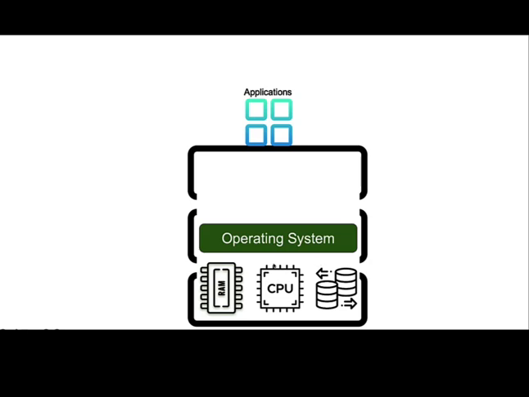There are other things also, but let's keep it simple. You have an operating system, underlying hardware consisting of RAM, CPU, and database, and on top of that, the application running on the operating system.